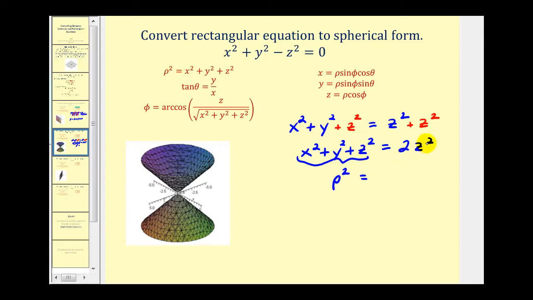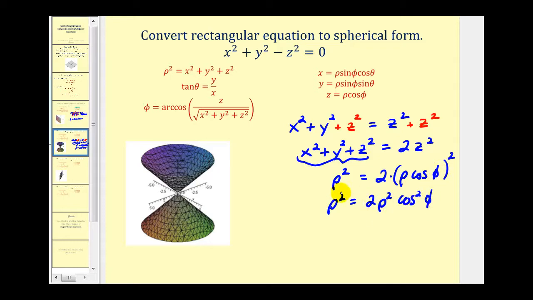And now we only have to deal with this z squared. But there is an equation here that says z is equal to rho cosine phi. So we would have 2 times rho cosine phi, and this would be squared. Now let's see if we can clean this up. We would have rho squared equals 2 rho squared cosine squared phi.